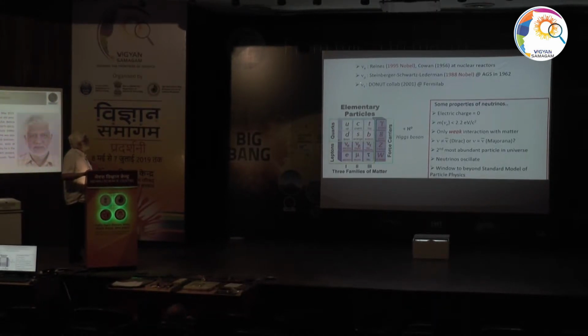The nu mu, which is another type of neutrino, another flavor or another family of neutrinos, was detected for the first time in 1962 in not a reactor but in an accelerator experiment. That was the so-called Alternating Gradient Synchrotron, 26 GeV, at Brookhaven National Lab in the US on the East Coast. And these three gentlemen, so Schwartz proposed an experiment using pions, and there is a slide later, if you have time we will go through it.